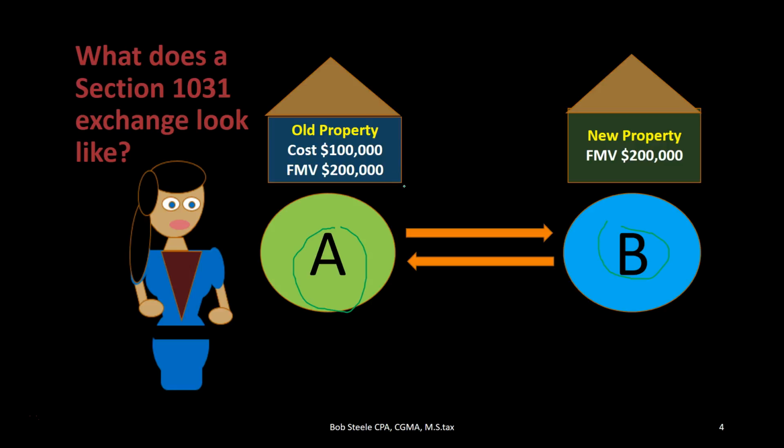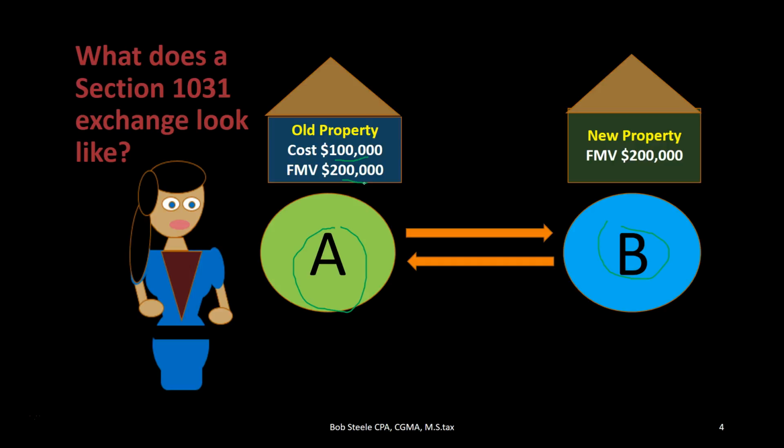Why would we do this? What's the benefit of an exchange? It should defer the taxes. The way it would defer taxes, for example, if the cost of our property was 100,000 and the fair market value is 200,000, if we sold it for 200,000, we would generally have to recognize gain on that.